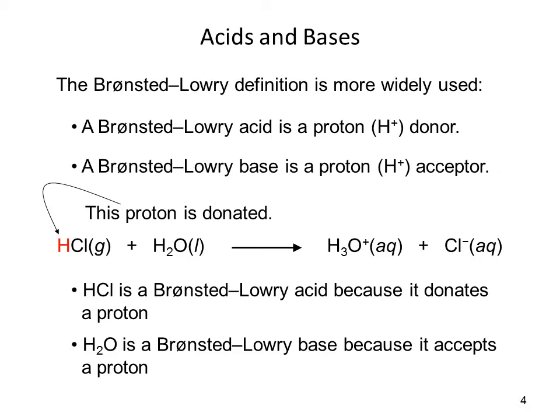If I look at water, it actually picks up that proton from the hydrochloric acid. After the reaction is complete, if you look on the product side, you will see the hydronium ion, which is basically water with a proton added to it. So water is considered a base in this reaction because it accepts a proton.